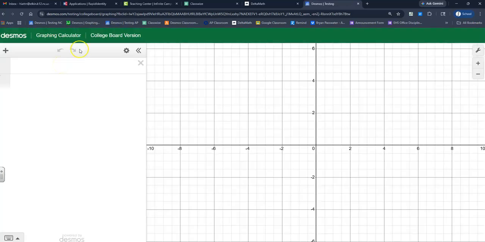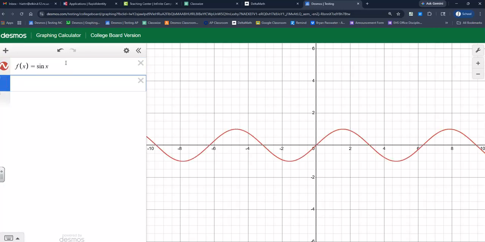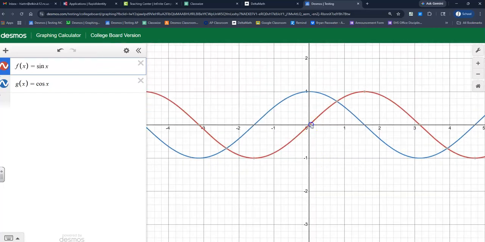If I've got f of x equals sine x versus, let's call it g of x equals cosine x, they look practically the same, but I can tell sine has a y-intercept at 0, 0, and cosine has a y-intercept at 0, 1. Right? That comes from our unit circle. Sine of 0 is 0, and cosine of 0 is 1.